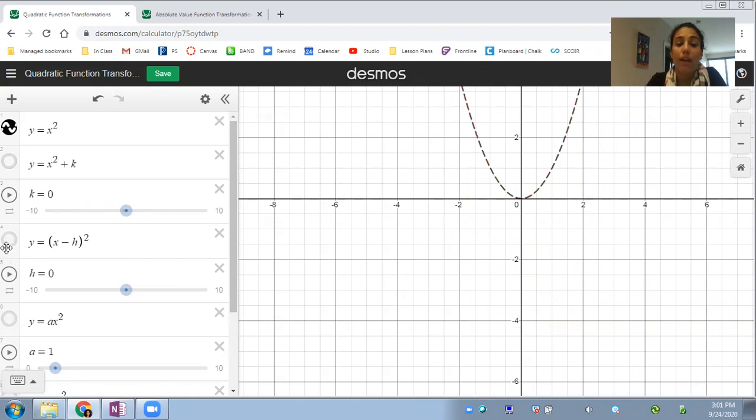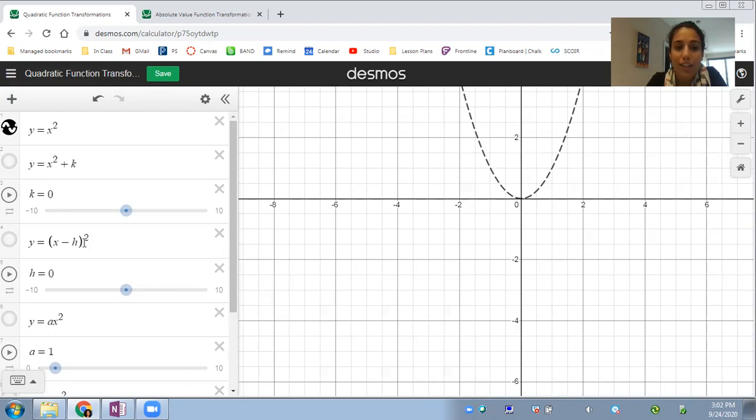Okay, what about the next one? What about if we have a number on the inside? So this is where things get a little bit weird. Notice how here the k is directly affecting the entire function, right? X squared plus k. X squared is our parent, then we just add k onto the end. Here, we're not adding or subtracting h to x squared. No. We are adding or subtracting h from x directly.